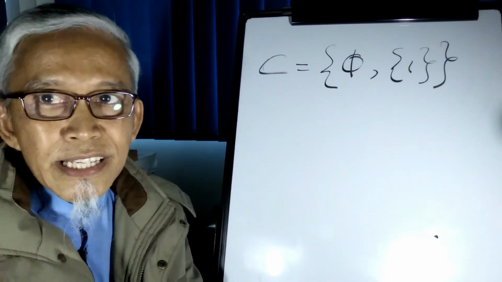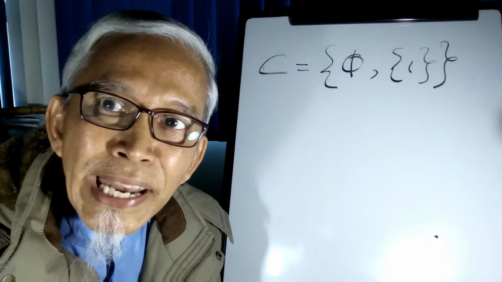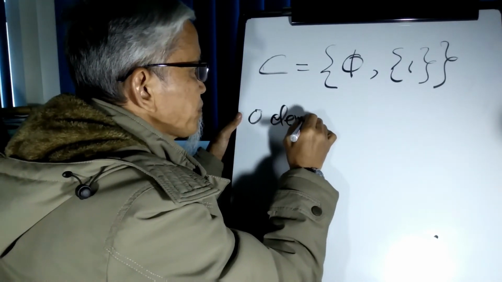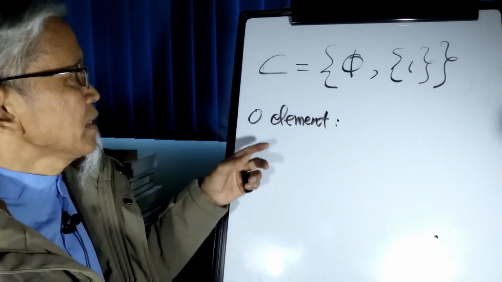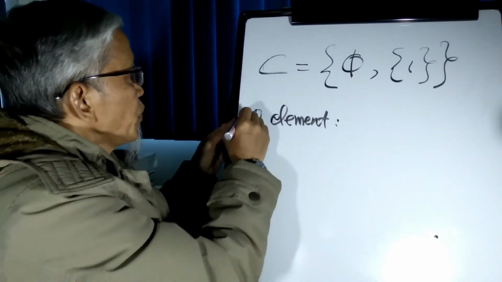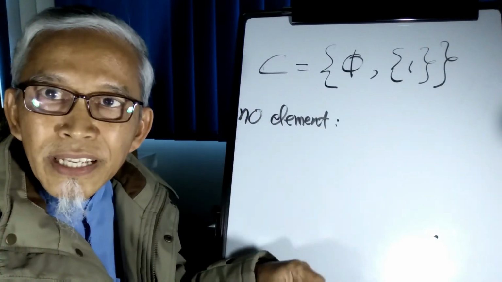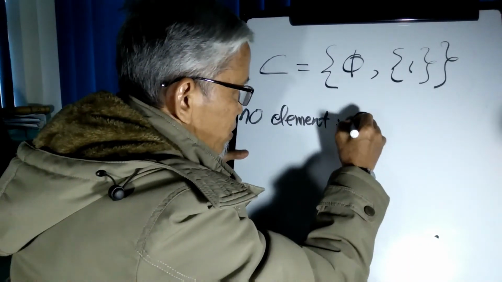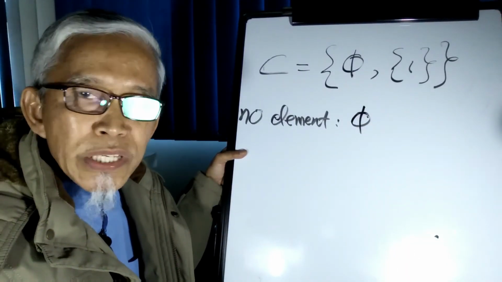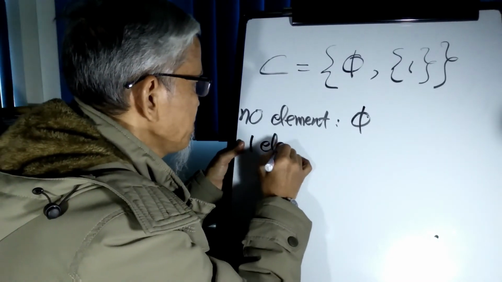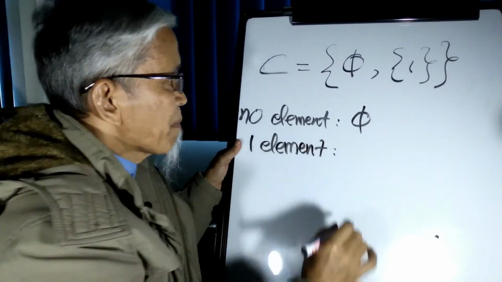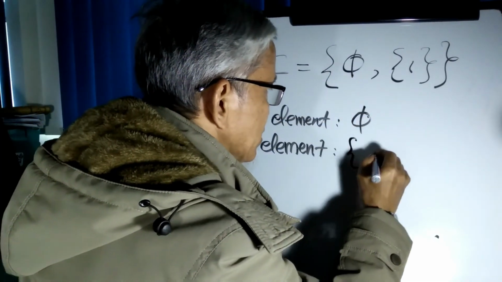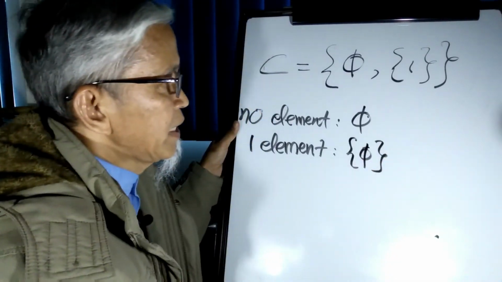So the first one is the subset of C with no elements, or empty set, right? Let's write down the subset of C with no element. Of course, the empty set. Now with one element, the subset of C with one element. This one must be written in terms of brackets.